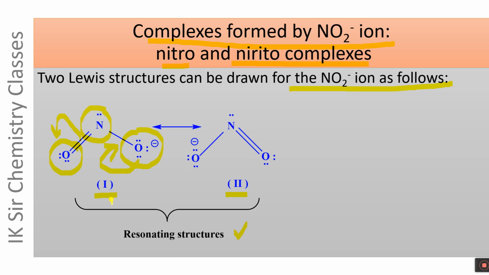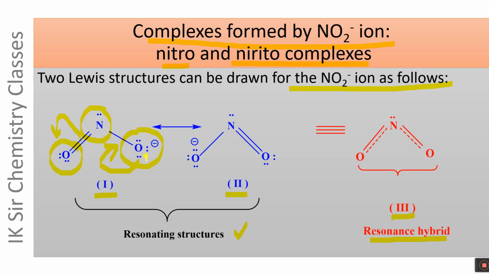Neither structure 1 nor structure 2 represents the actual situation of NO2 minus ion. The actual situation of NO2 minus ion is represented by the weighted mean, the resonance hybrid, of resonating structures 1 and 2, and it is given here. 3 is the resonance hybrid, which is the weighted mean of these two resonating structures.